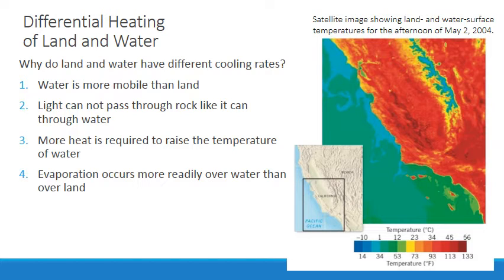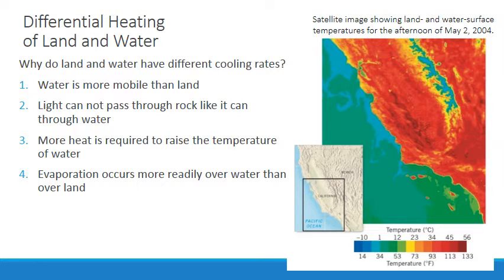What do we have to do to get the temperature to raise by 1 degree C? So the specific heat is more than 3 times greater for water than for land. So considerably more heat is required to raise the temperature of water as compared to the same amount of land.